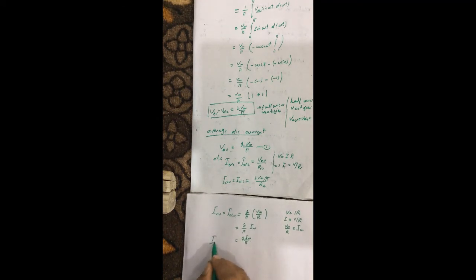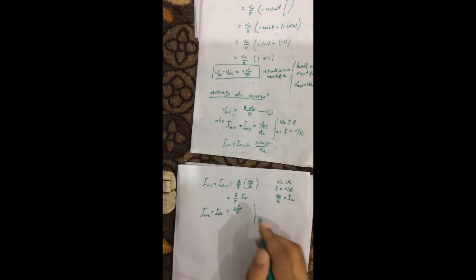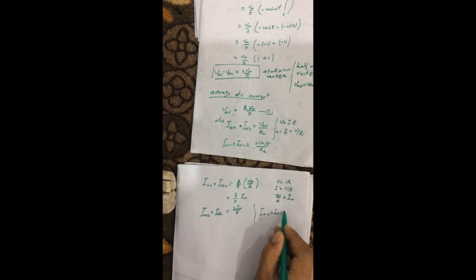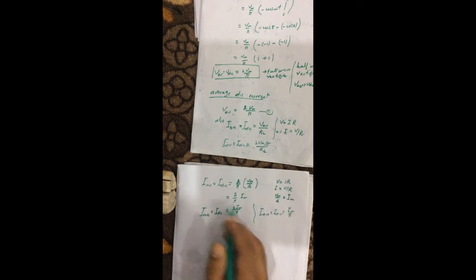This is the average current, IDC. While in the case of half wave rectifier, the average current IDC was Im over pi. Again, the average current is twice the average current of half wave rectifier.